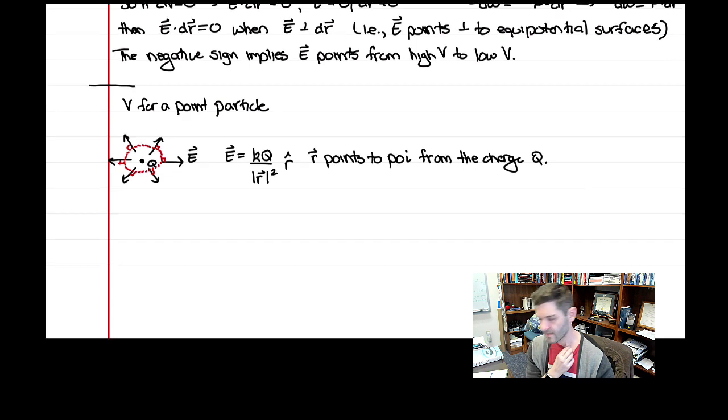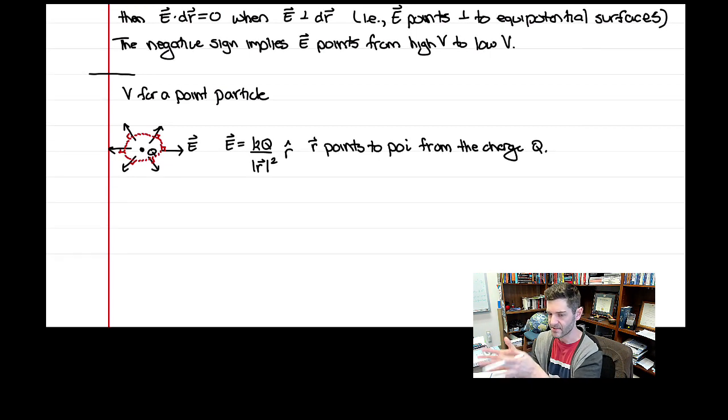Now, if I wanted each potential line to have the same sort of delta V, they will not be equally spaced apart, however, essentially because of this 1 over R squared dependence that the electric field has.